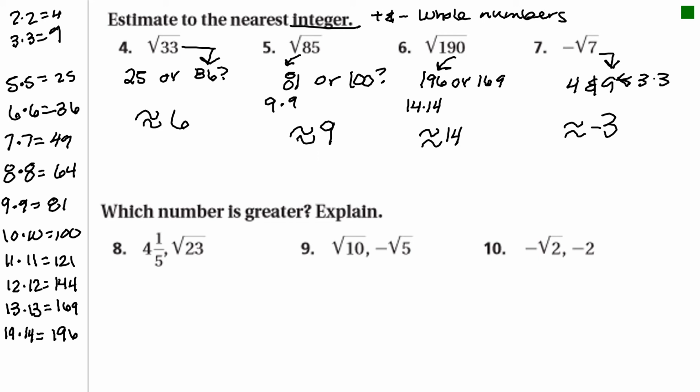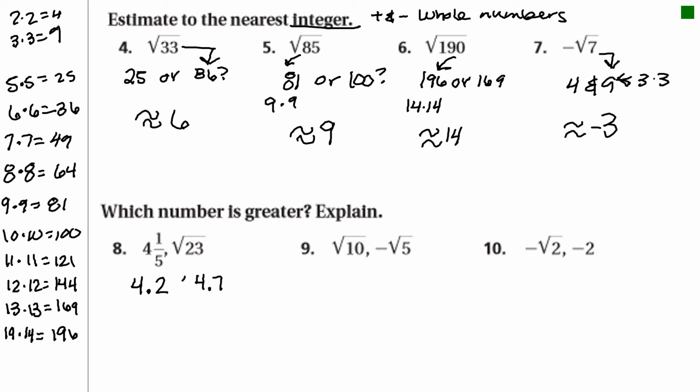All right, which one is the greater? And explain. I find it most helpful to put these into decimals or approximating where they're at to determine which one they're closest to. So let's just look at putting them into decimals. All right, 4 1/5 as a decimal is 4.2, and the square root of 23 is about 4.7.